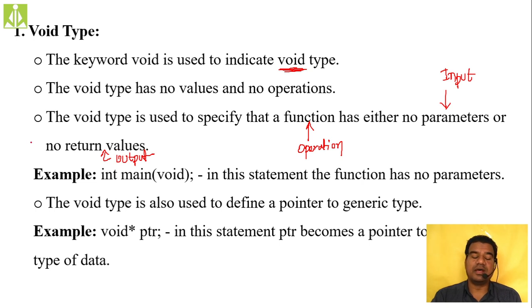So now read the definition like this: the void type is used to specify that a function, that is, an operation, has either no input or no output. Either of these two things you can do, or both. For example, int main void. This main is an operation, a function in our programming, and here we have written int and here we have written void.